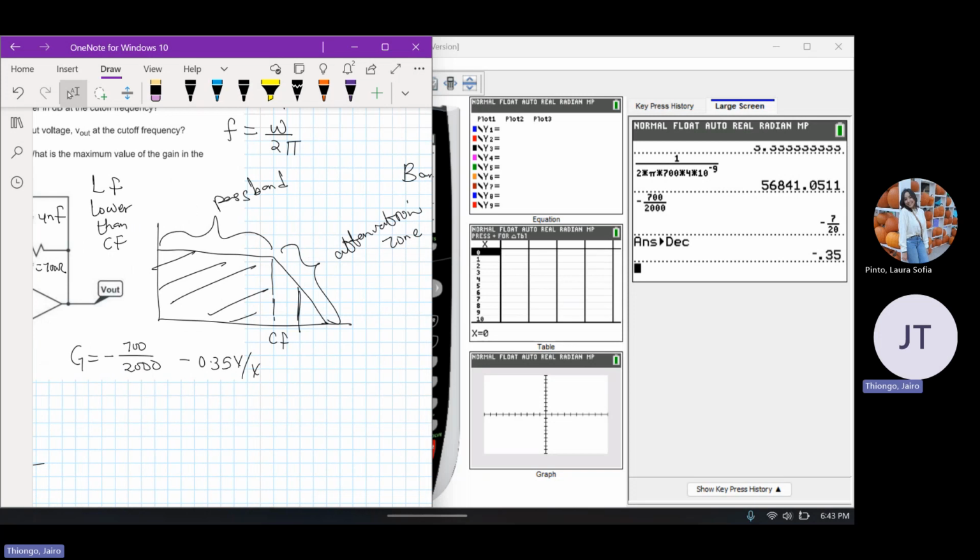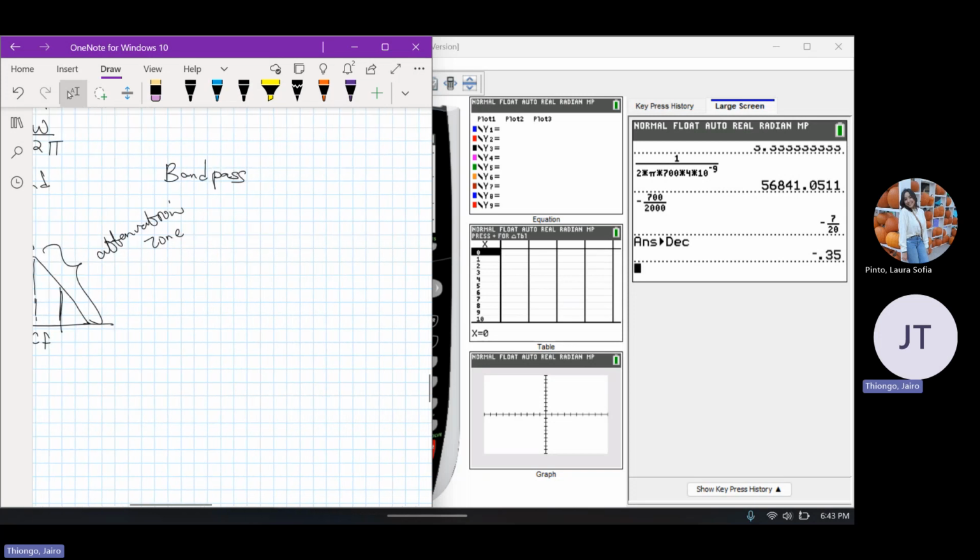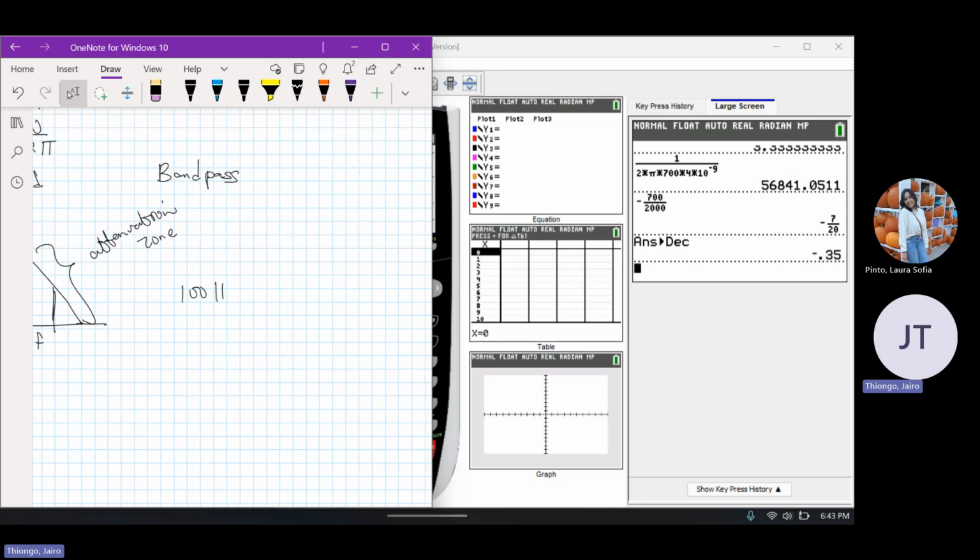A logarithmic scale allows us to simulate signals as low as, say, 100 hertz to signals as high as a very large value in hertz. These two cannot fit in a linear scale as we would draw on x versus y axes. So it requires us to use a logarithmic scale.